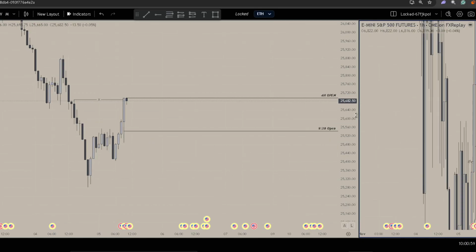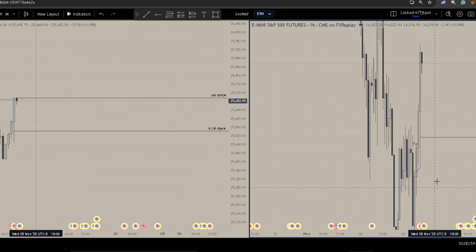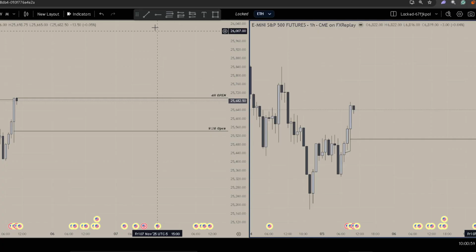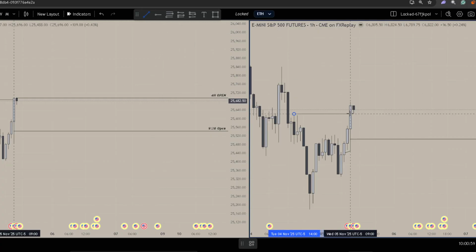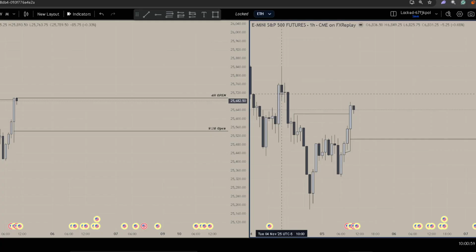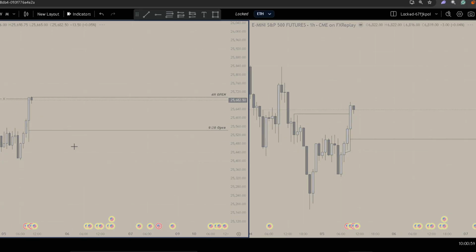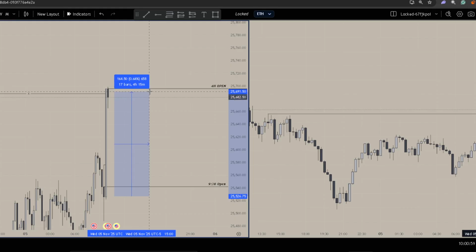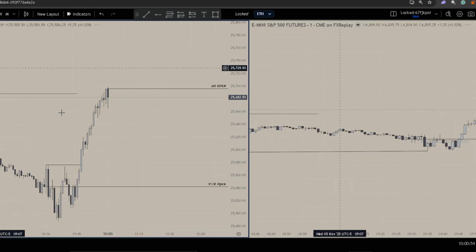We're trading inside of this hourly SIBI. We just tapped that. On the 15-minute, damn, this 9:45 candle looks crazy. How many handles is that? 165.